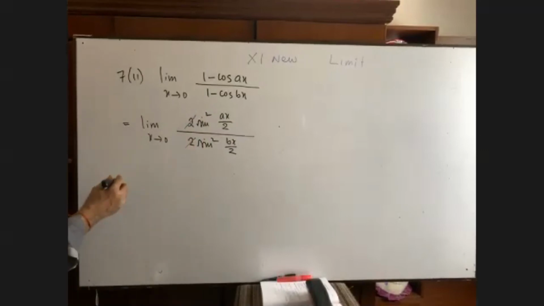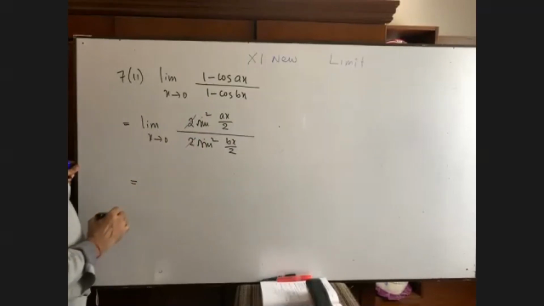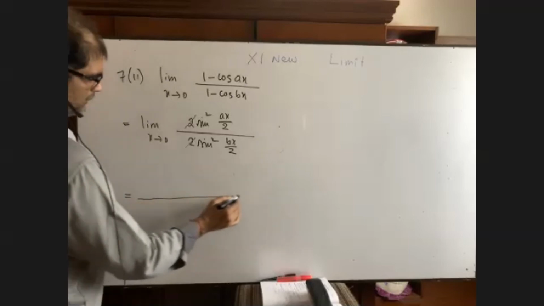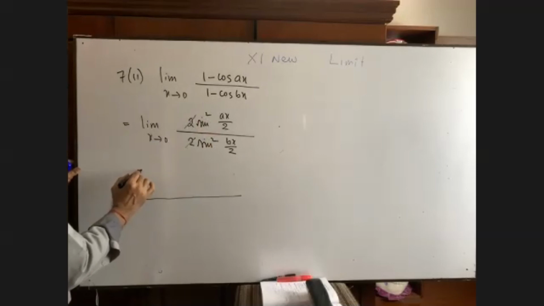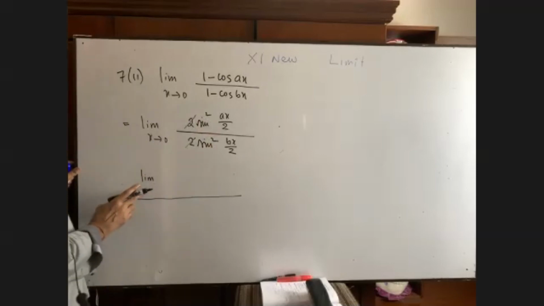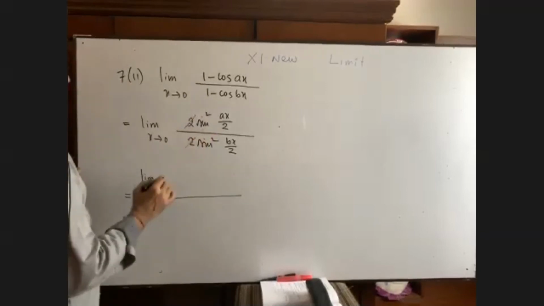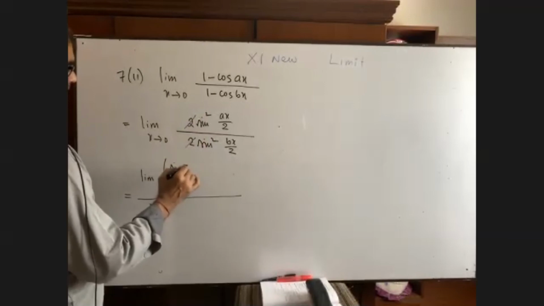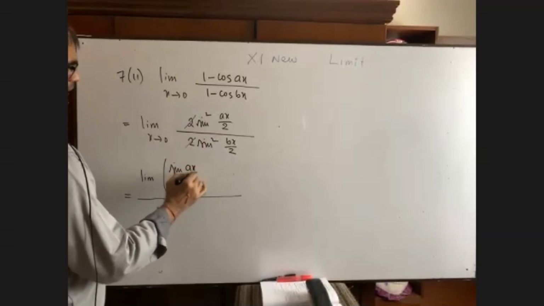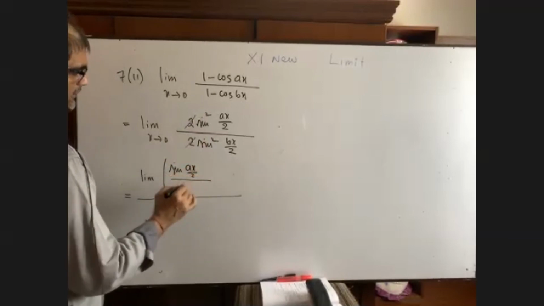Now you see, we are getting here two functions, this and this. So can I write here like this? Limit, I'll write it afterwards, sin ax by 2, I mean sin theta by theta.